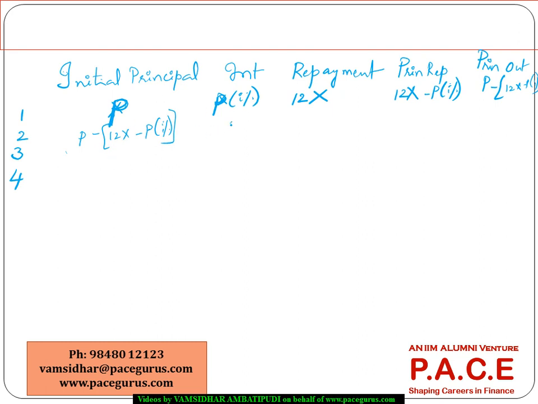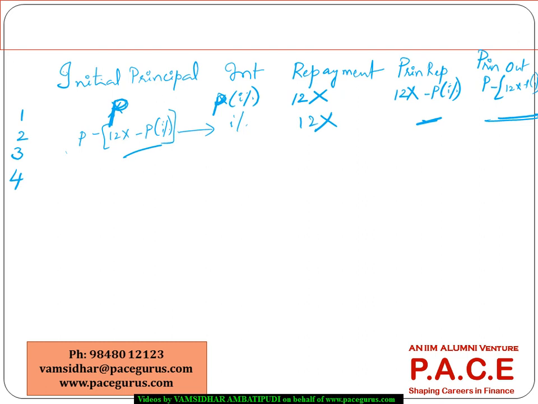On top of this, I% interest is applied, but you are still paying 12X. The remaining portion becomes the principal repayment, and when I subtract this from the principal, it gives me the principal outstanding at the end of this period.